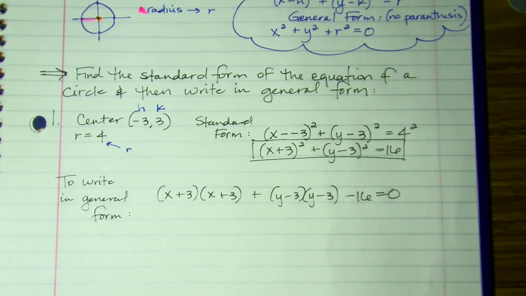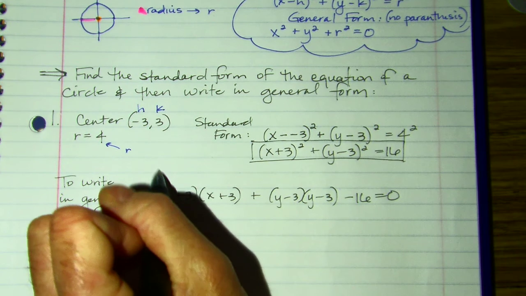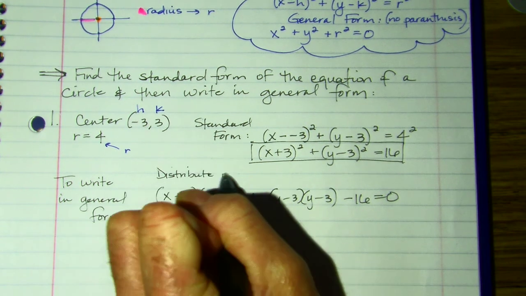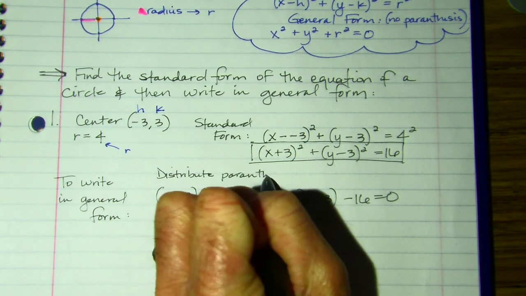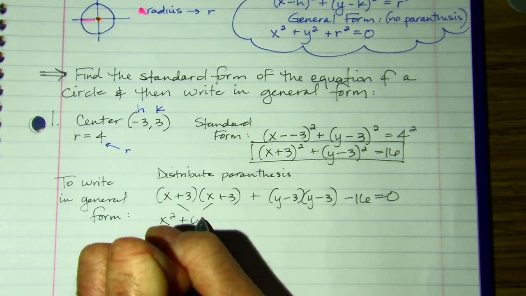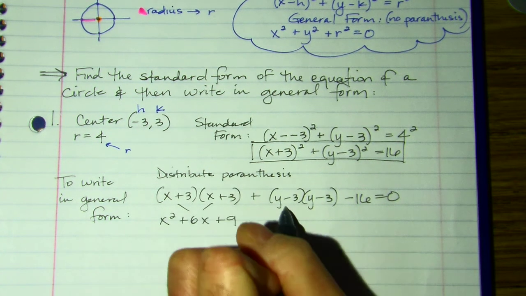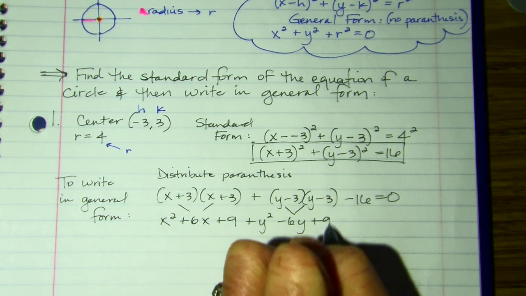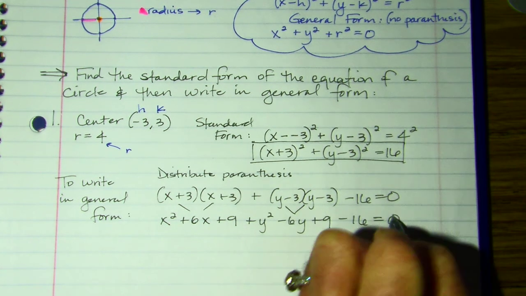So I need to distribute parentheses. So these first two give me x squared plus 6x plus 9. These two give me y squared minus 6y plus 9, and I have minus 16 equals 0.